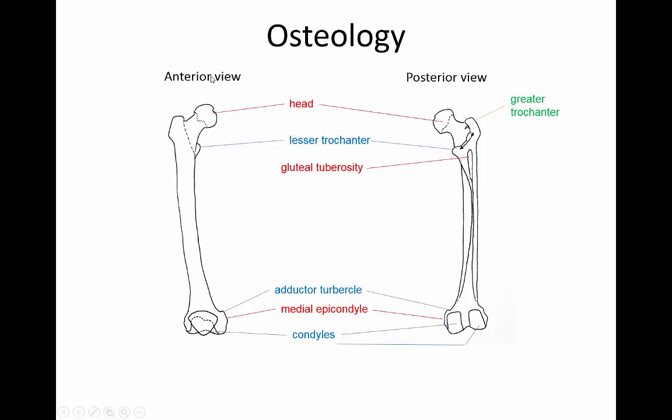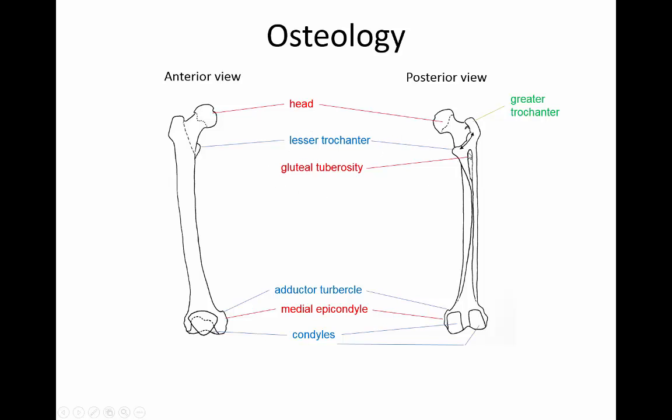Looking at the osteology, the bone anteriorly and a posterior view over here, we have the head. The head of the femur, which is the bone in the thigh, fits into the acetabulum of the pelvis. So this is a ball and socket, with the head of the femur being the ball. We have a number of bony landmarks, these protuberances for attachment. The main ones we'll be looking at are the greater trochanter and the lesser trochanter proximally.